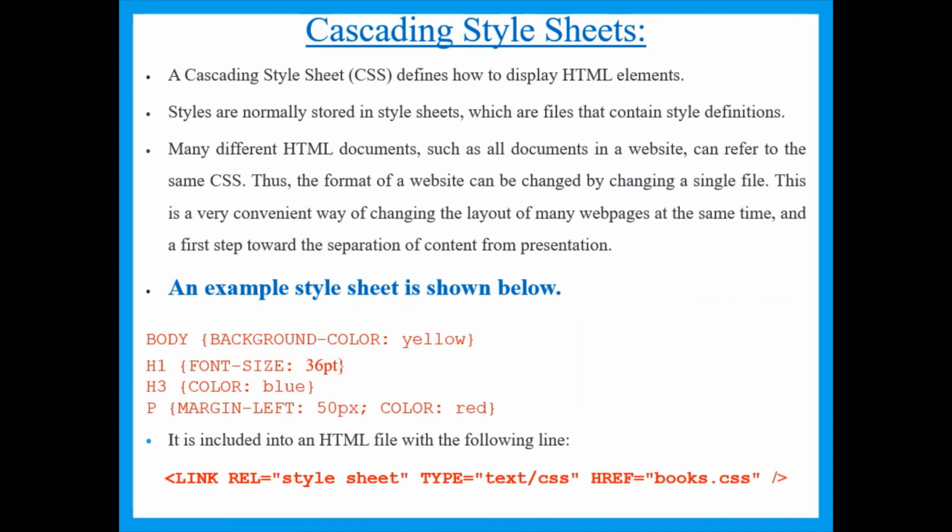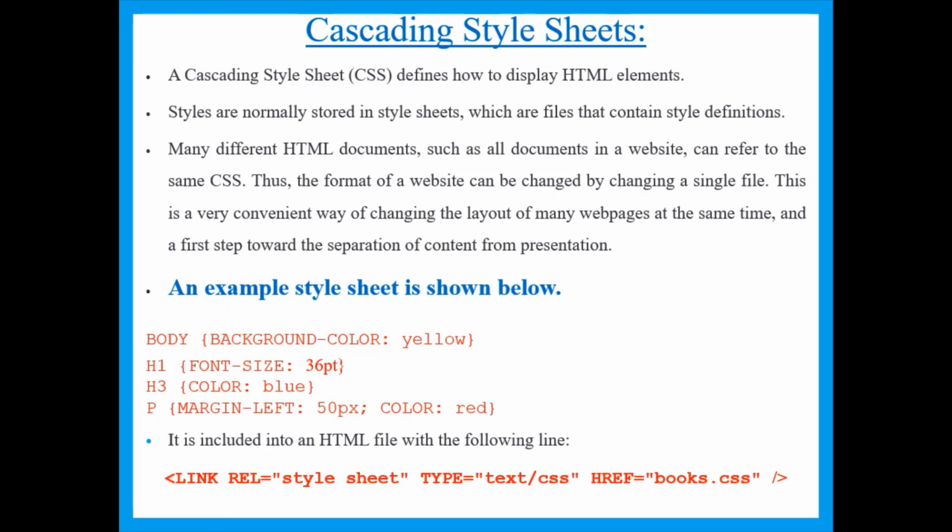In this slide, we are discussing cascading style sheets. A cascading style sheet defines how to display HTML elements. Styles are normally stored in a style sheet, which are files that contain style definitions. You can see an example, these are the style definitions which are stored in the style sheet.